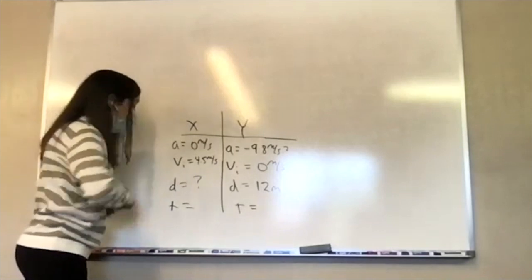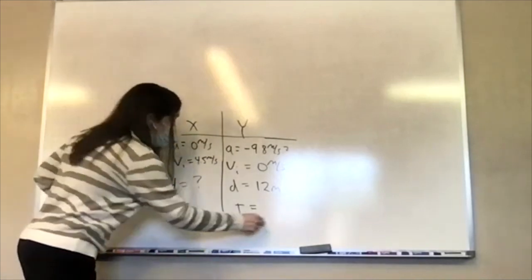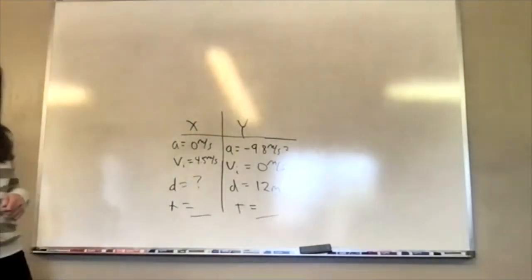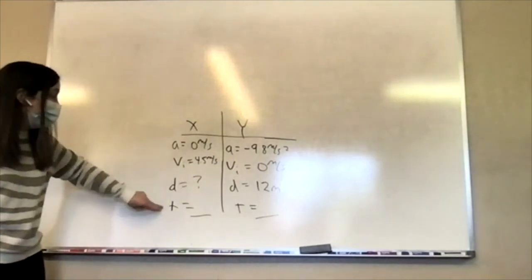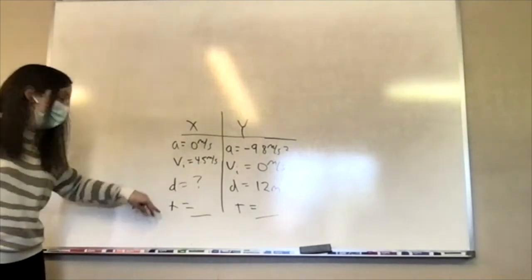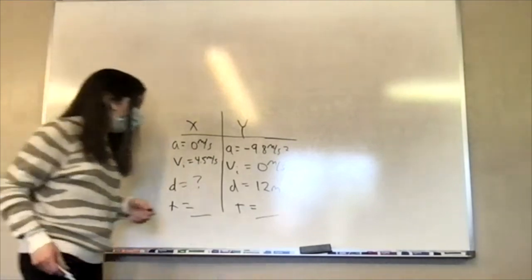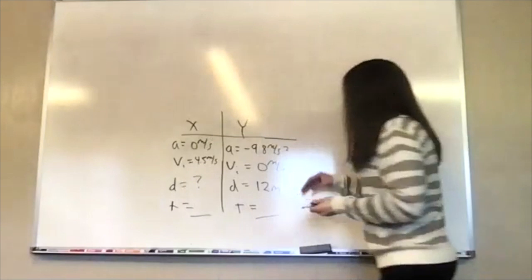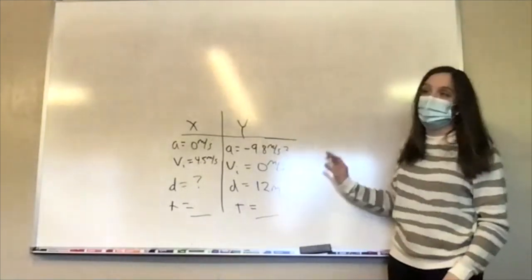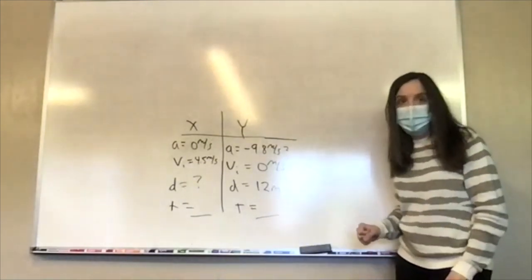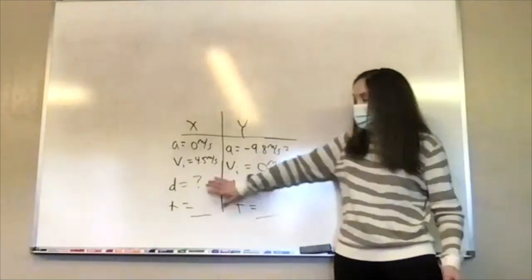Once we know time, that's the same in here and in here. Time is always the same in both dimensions. That would then give us three known variables, which we could then use to solve for distance. So we want to solve for time in the y dimension, which is the same as time in the x dimension, which we could then use to solve for distance.